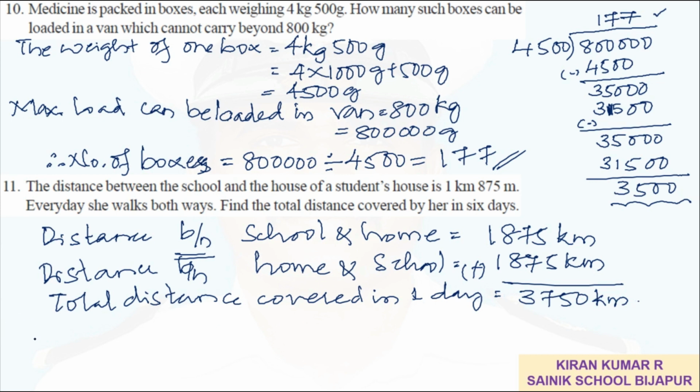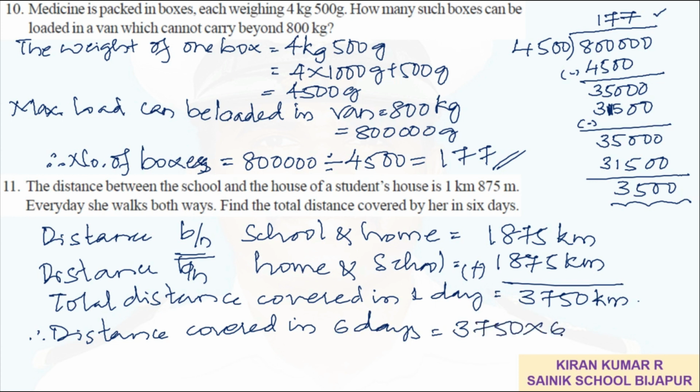They have asked the distance covered in 6 days. Therefore, distance covered in 6 days will be 3750 multiplied by 6. We will be getting this as 22,500.